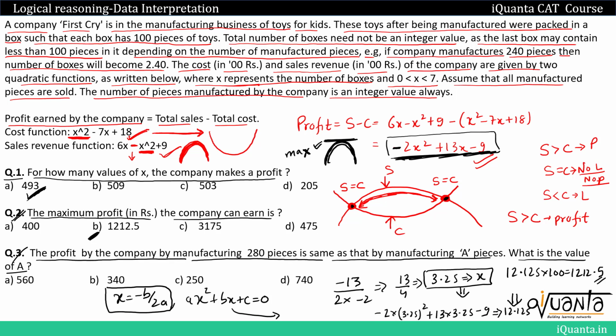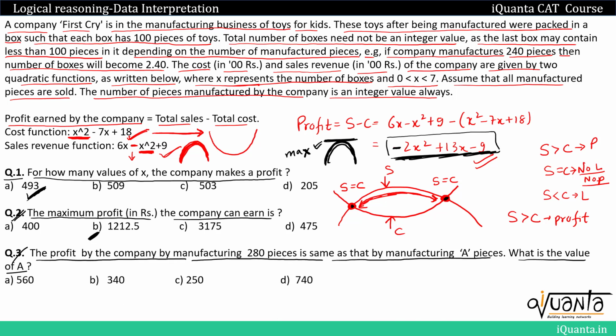So we again need only the profit function for this. So let me remove everything else. So the number of pieces manufactured here is 280, which means x will be equal to 2.8. So let us find out the value of the profit function at x equals to 2.8, which will be minus 2 into 2.8 square plus 13 into 2.8 minus 9.